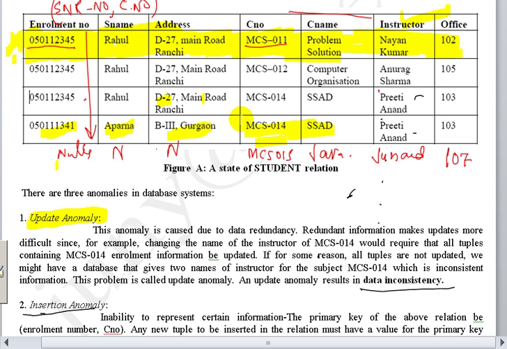Update anomaly because of redundancy in the data. Then insertion anomaly, because if you want to put new things, we have to put nulls here. And deletion anomaly: if you delete one thing, it will cascade to delete other information also, because we have two kinds of information in it.